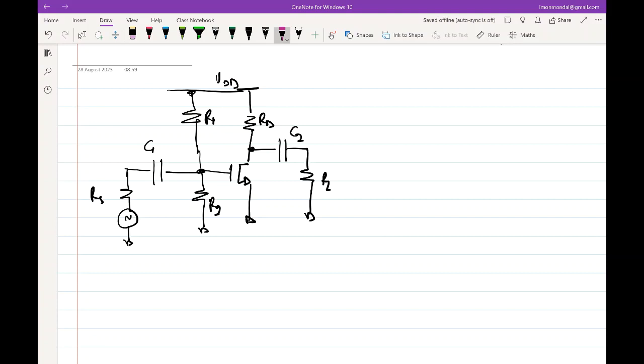So if we only concentrate on the incremental parameters, this is what the incremental model will look like.